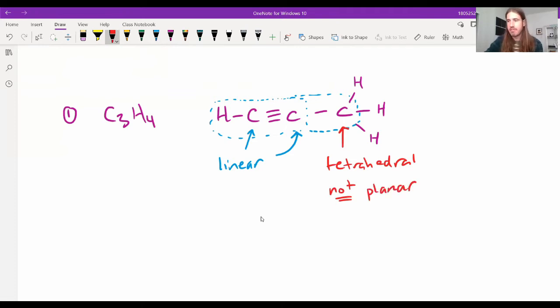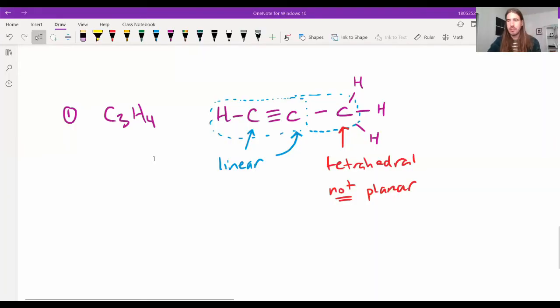right? So what we have in a model, maybe I'll stop the share to make this bigger. So we have the hydrogen, triple bonded carbon, and carbon that's tetrahedral.